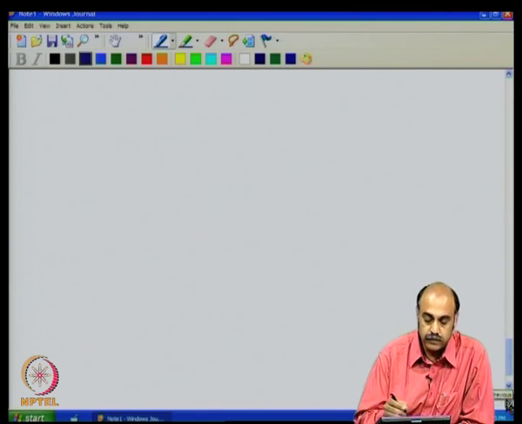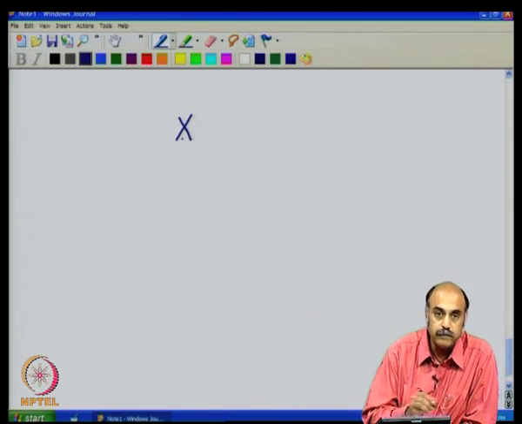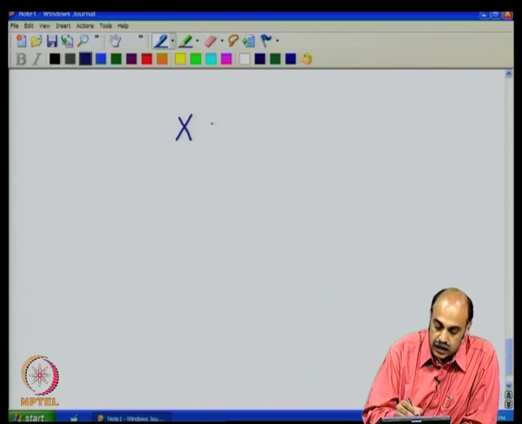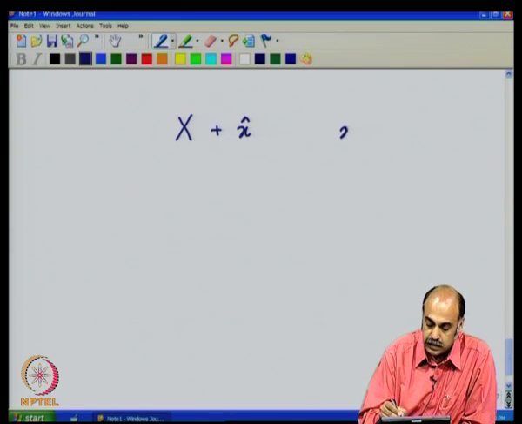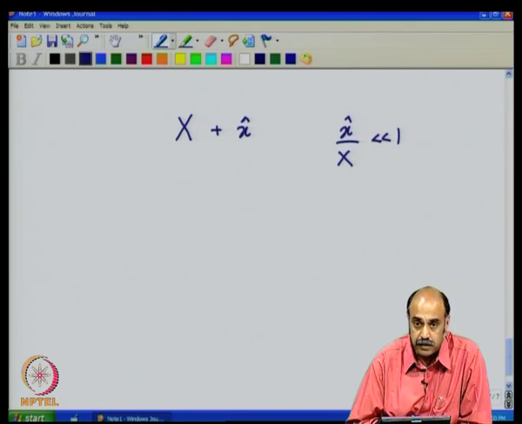We said that the steady state part is very large compared to the small signal part. The small signal part is very small compared to the steady state part.